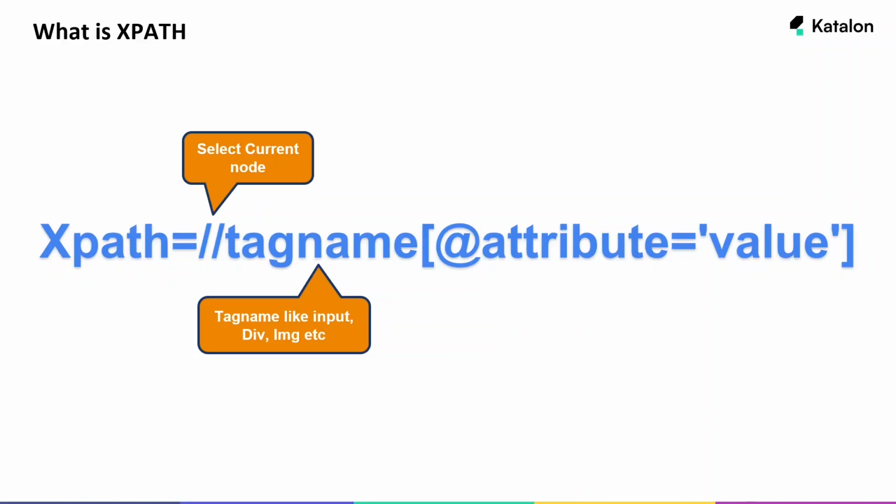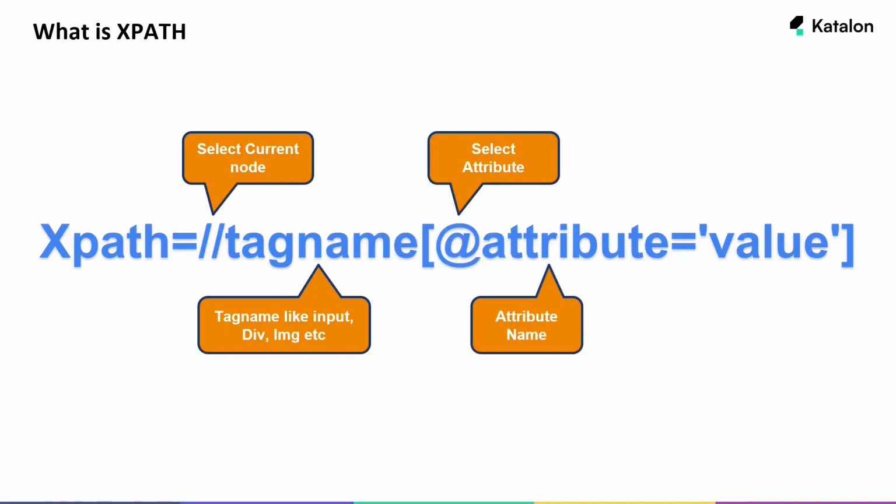So basically, the tag name of your HTML DOM. And then @ means select an attribute. Then you give the attribute name, and then you specify the value of the attribute. So this is the structure of your XPath.